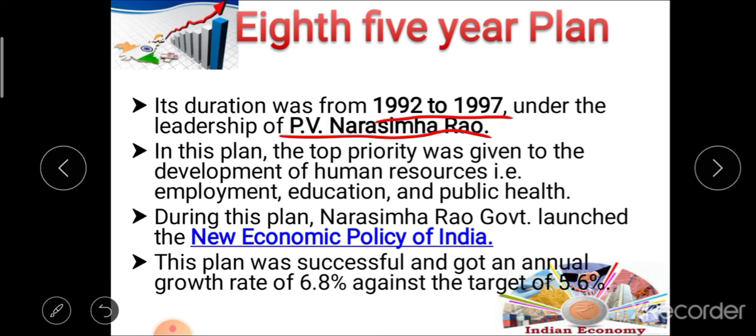During this plan, the Narasimha Rao government launched the new economic policy of India, and the success of this plan was increasing the growth rate to 6.8% against the targeted growth rate of 5.6%.